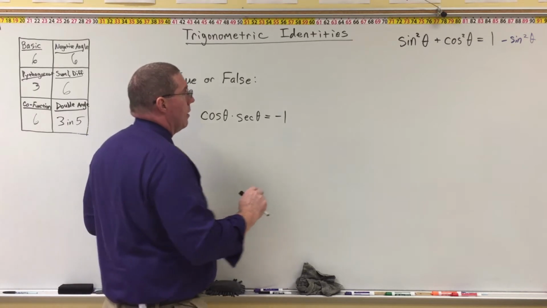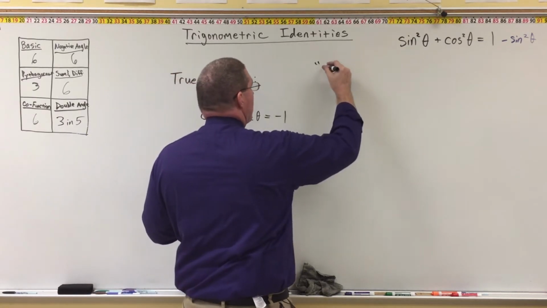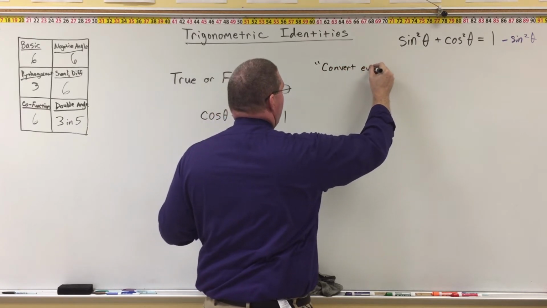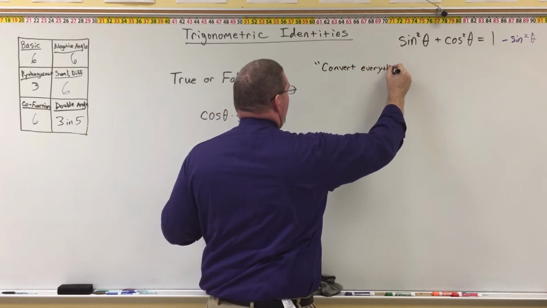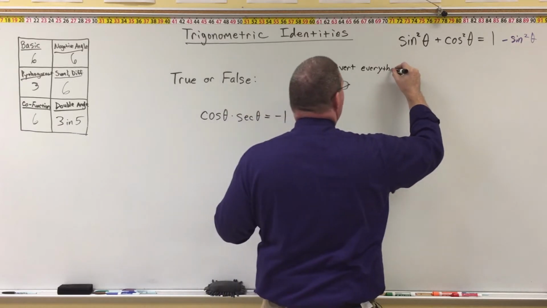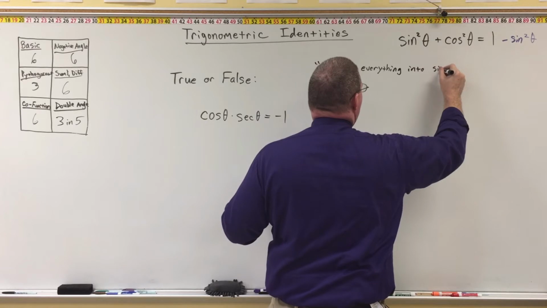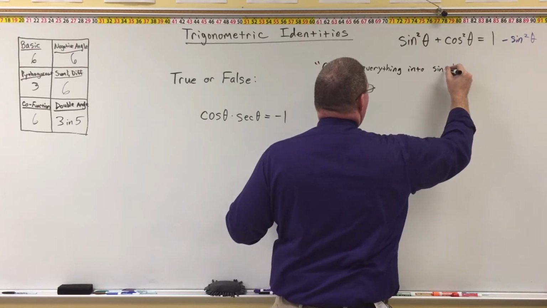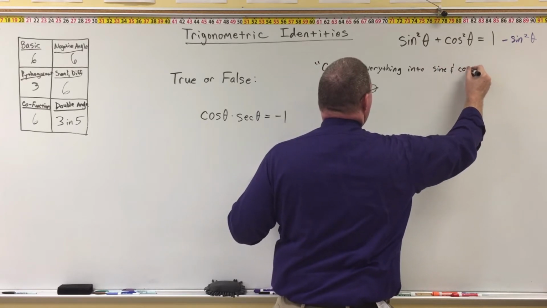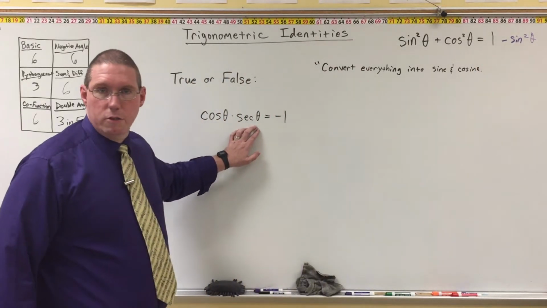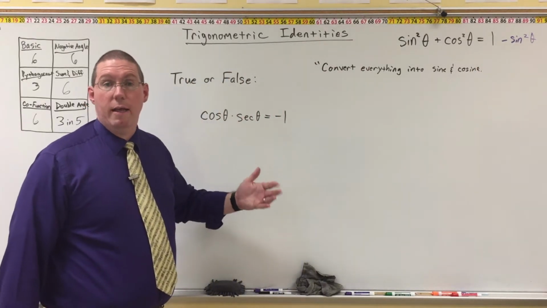But here is my general rule: convert everything into sine and cosine. Okay, so secant can be turned into something that has a cosine in it.